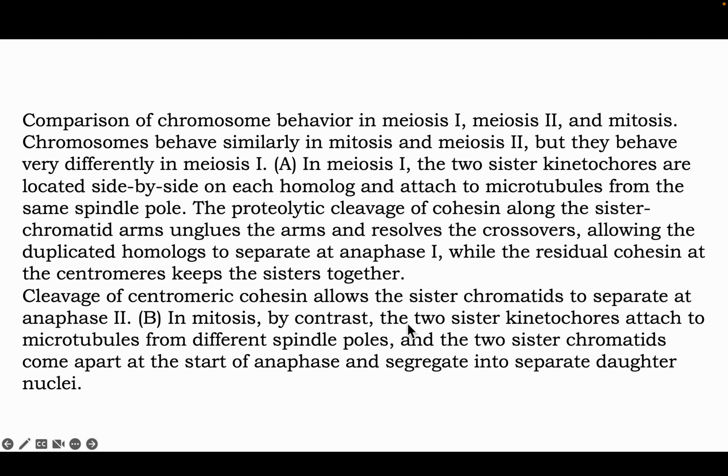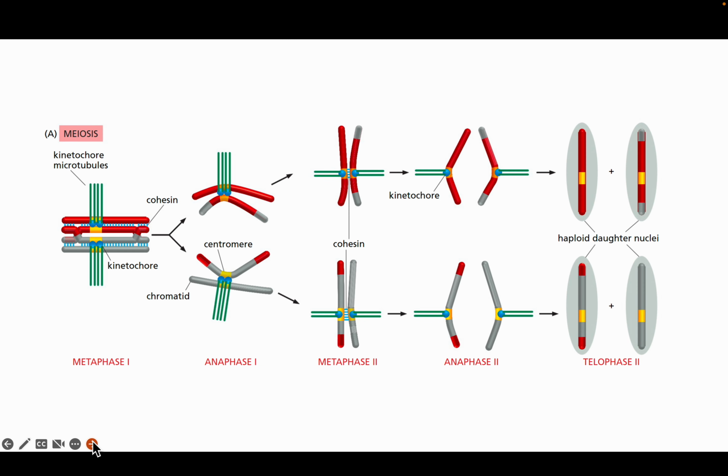In mitosis, by contrast, the two sister kinetochores attach to microtubules from different spindle poles, and the two sister chromatids come apart at the start of anaphase and segregate into separate daughter nuclei. So this is how meiosis and mitosis differ. In this case, you can see these two reds are homologous, two sister chromatids, and two grays are another two sister chromatids. But this red and gray are homologous chromosomes.